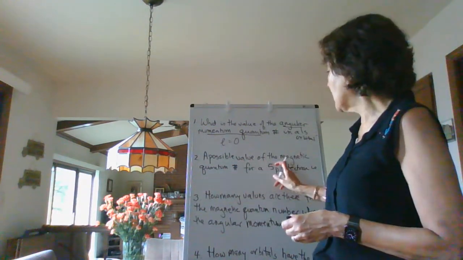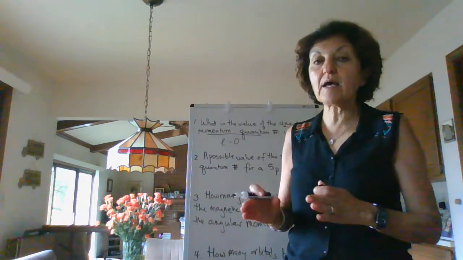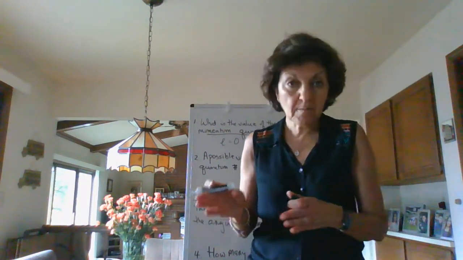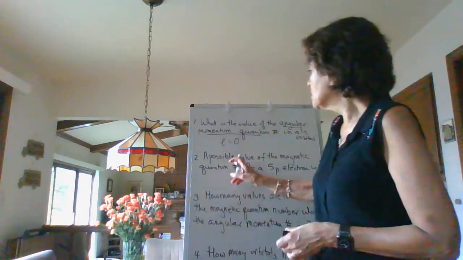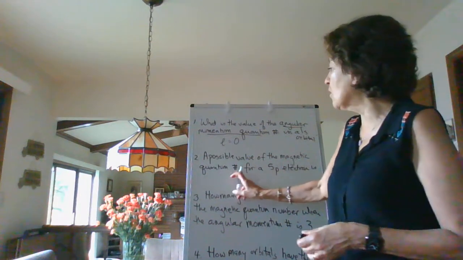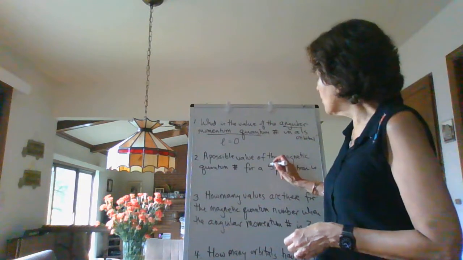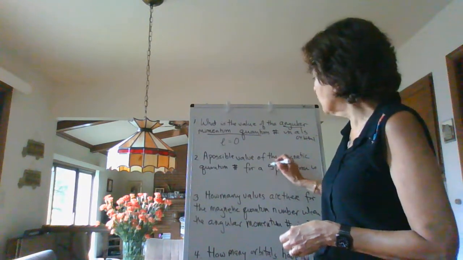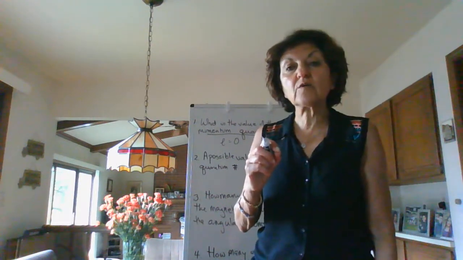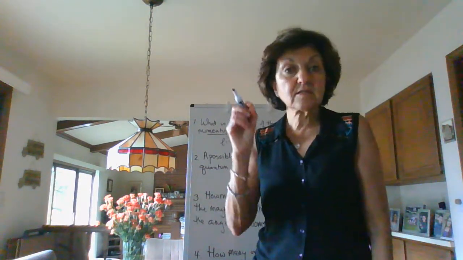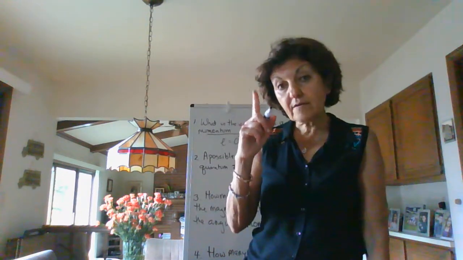A possible value of the magnetic quantum number. Now, magnetic quantum number is ML. Remember, in order to get ML, you go minus L all the way up to plus L. So a possible value of the magnetic quantum number for a 5p electron. The 5 is not important, it's the P. P will tell you what the L value is. Remember, for S, L is 0, for P, L is 1, right?